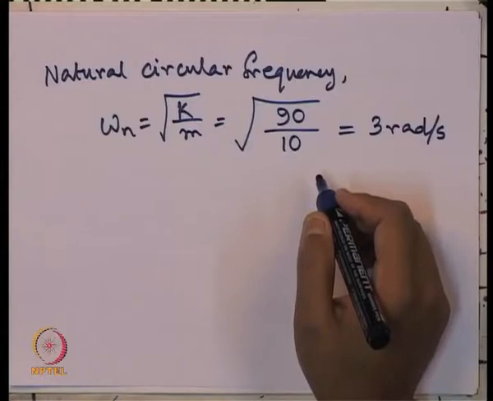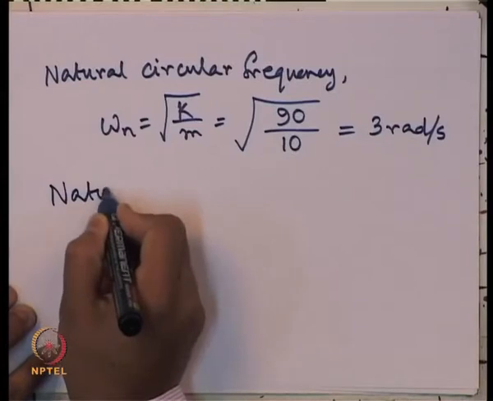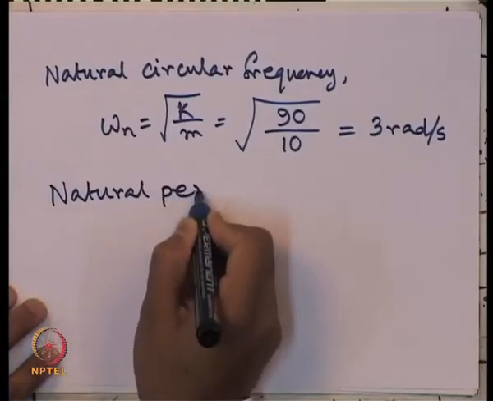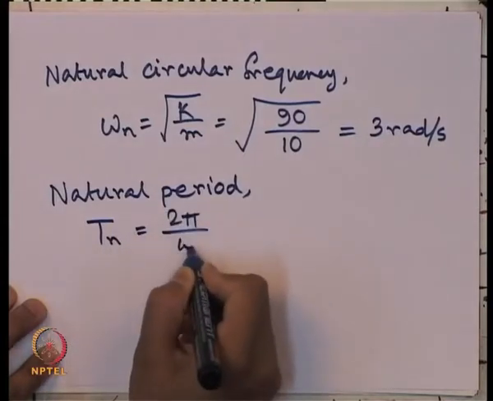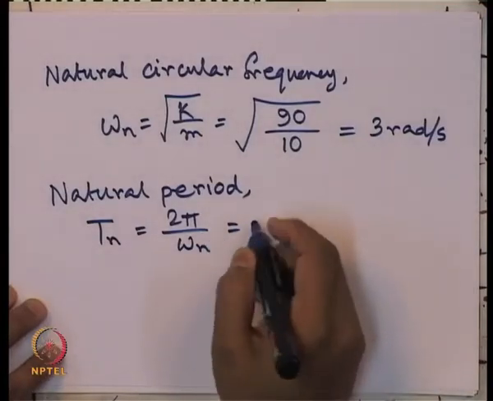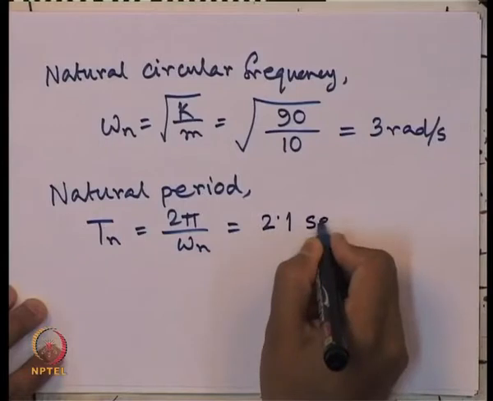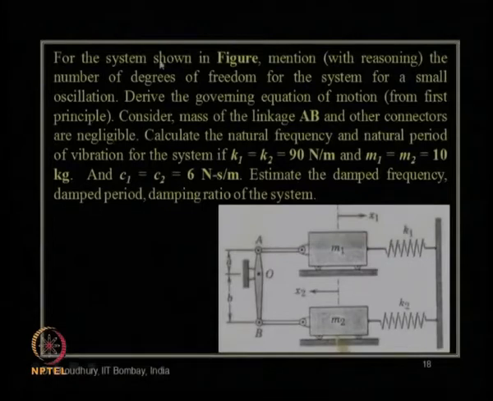What is asked? Calculate the natural frequency. And what is natural period? Natural period is Tn, which is 2 pi by omega n, which will be, after putting this value of omega n here, about 2.1 second. So, this is the answer of another part. Let us look at what was asked in the question. Calculate the natural frequency: natural circular frequency is 3 radian per second, and natural period of vibration is 2.1 seconds.